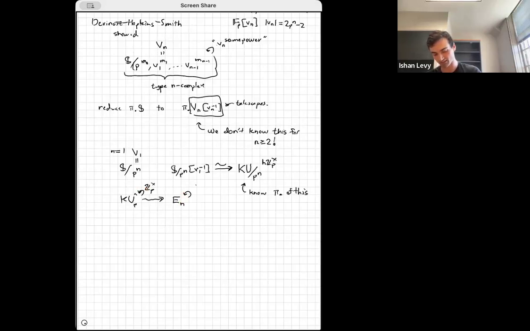And Morava E theory has an action of what's called the extended Morava stabilizer group, which is some group that we understand. And the point again is that we know the homotopy groups of this. We know pi star of this. It doesn't really matter what the explicit formula is for the purposes of this talk, but it's the Witt vectors of the algebraic closure of F_p, and then you take some power series ring on several generators, and then you add a periodicity class in degree 2. So it's just some explicit ring that we know.